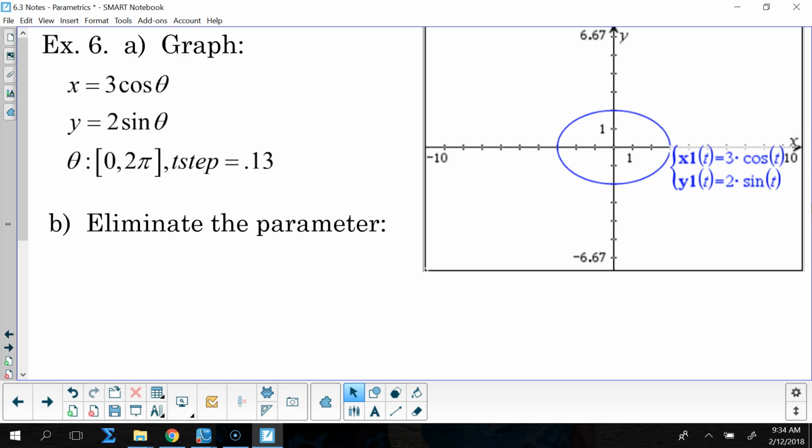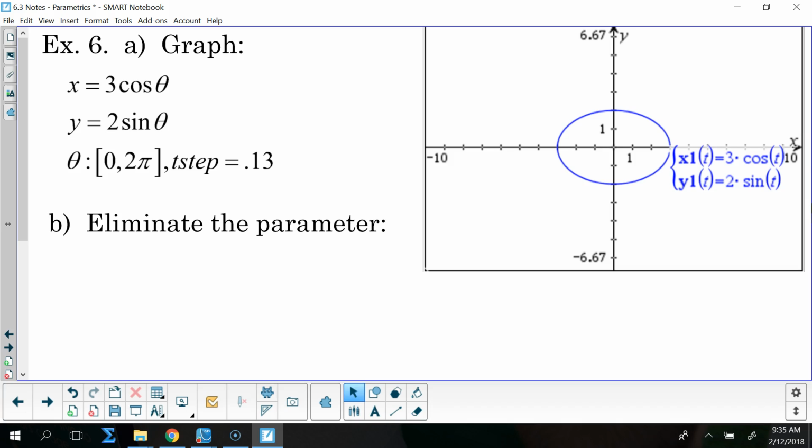Now, an ellipse is a circle that is stretched out either horizontally or vertically. In this particular case, is it stretched horizontally or vertically? It's stretched out horizontally. Okay? Now, is there any way we could have seen that this one was going to be stretched out horizontally?